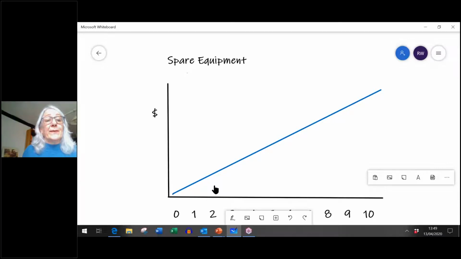And the reason they don't like spares, especially the big expensive spares that we never use, is that by the time we might want to use them, they're out of date or they're worn out, I mean, they've passed their sell-by date. To finance that looks like a waste of money. It's tying up money that could be used elsewhere. Maybe they don't like spending money anyway, but they particularly don't like spending on spares that are never going to be used. So their motivation is to not waste money.